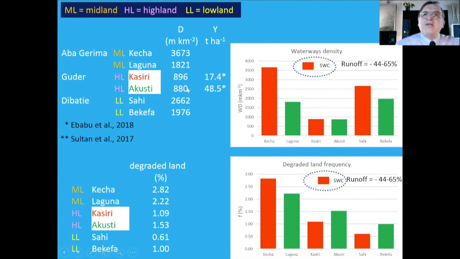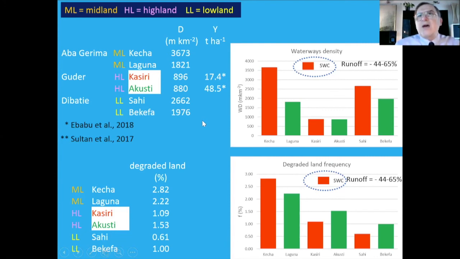Another interesting issue is that in the soil and water conservation catchments, runoff is reduced by 44 to 65% according to Sultan and others. But this result is coming from measurements at plot level.